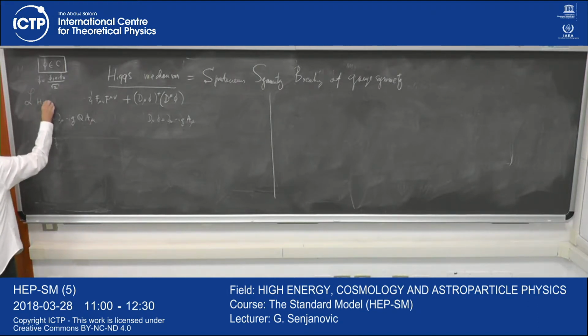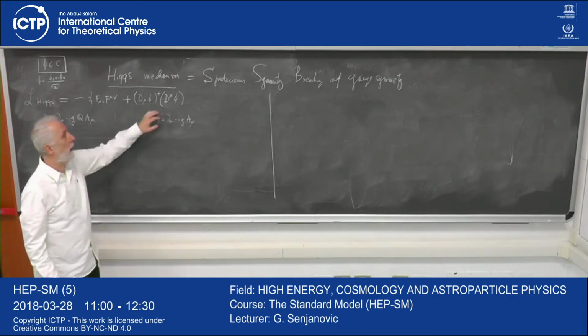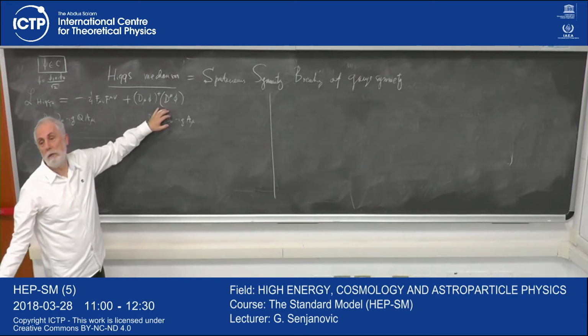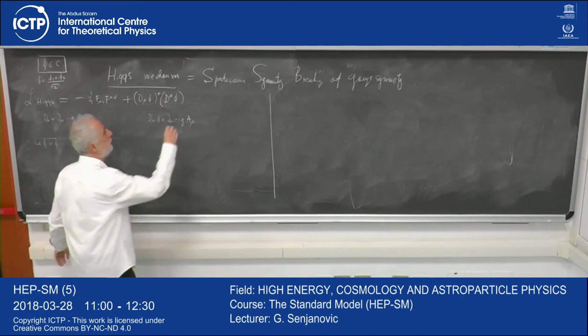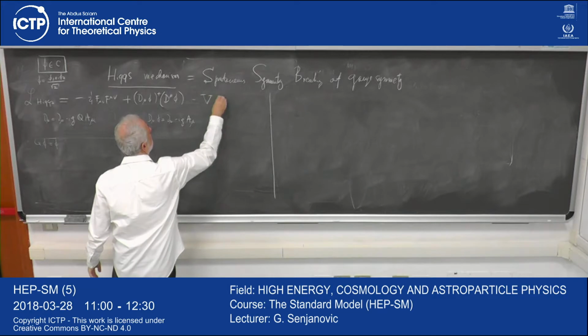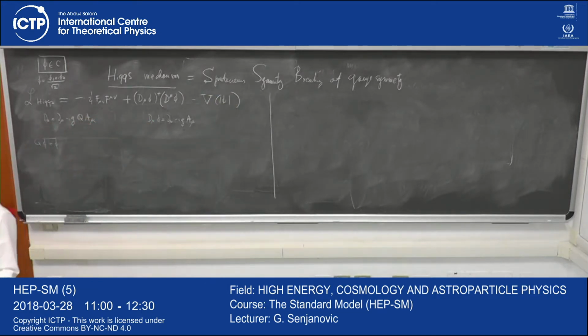I'm writing down the Higgs potential, with a minus sign here. Once I have the kinetic energy, I should also include the interaction, the potential. It should be a function of the absolute value of phi, otherwise it will break the symmetry.